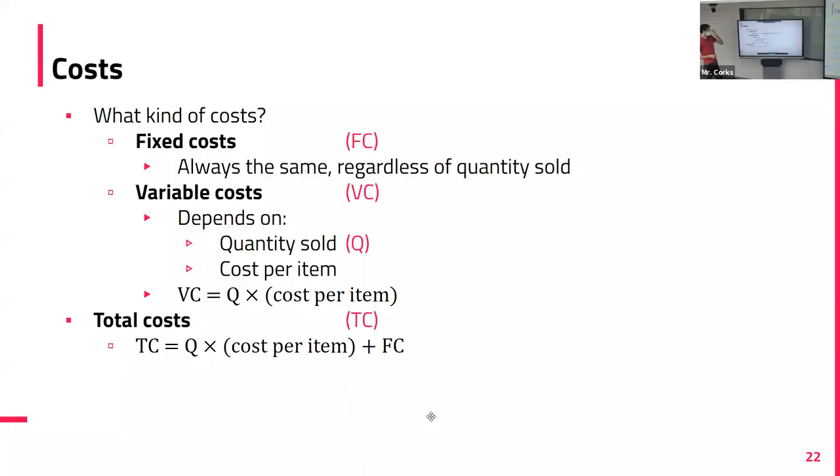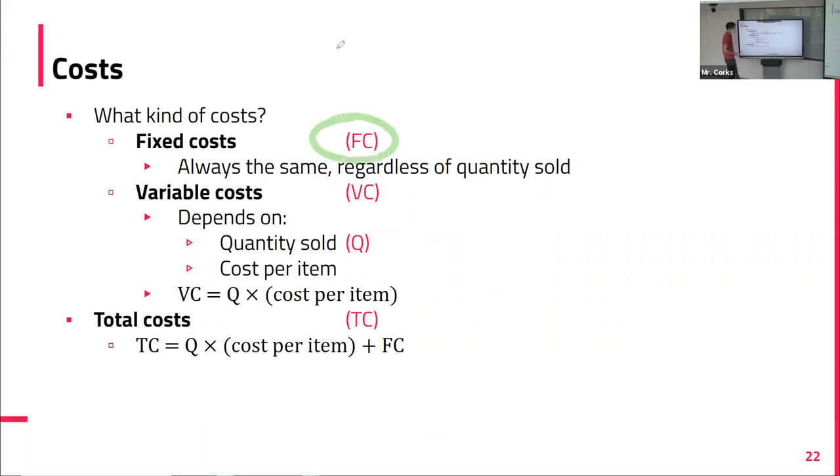I'll review this part again. Costs, we split up into these two parts here. Fixed costs, which are not dependent on quantity sold, and then variable costs, which are dependent on quantity sold in particular, not dependent on other things, specifically on quantity sold. So fixed costs are just a number, some constant.